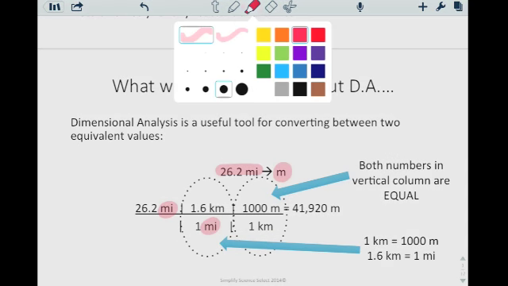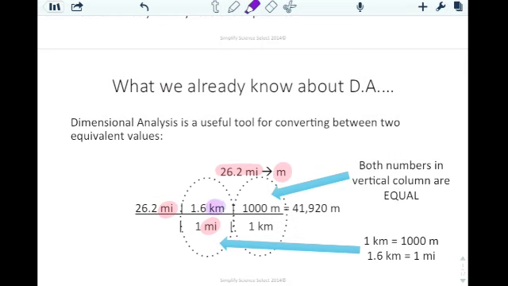Those will cancel, and we have kilometers here and kilometers there. We see that miles cancel, kilometers cancel, and we're left with our unit that we want, which is meters. So we go 26.2 times 1.6 times 1,000, which gives us something right around 41,920 for an answer.